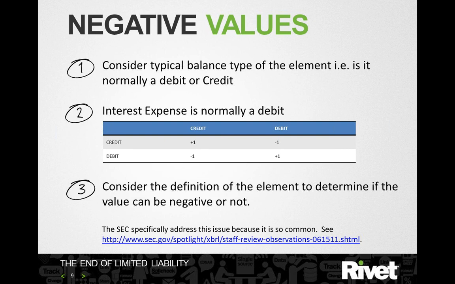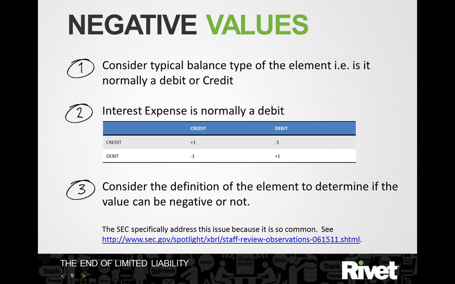So the first one, negative values. There are 3 things here to be aware of. So consider the typical balance type of the element. Is it normally a credit or a debit? If it's an expense item, for example, it's normally going to be a debit.